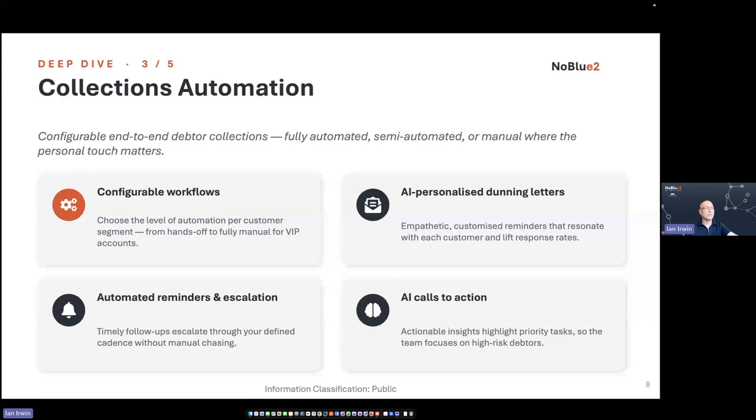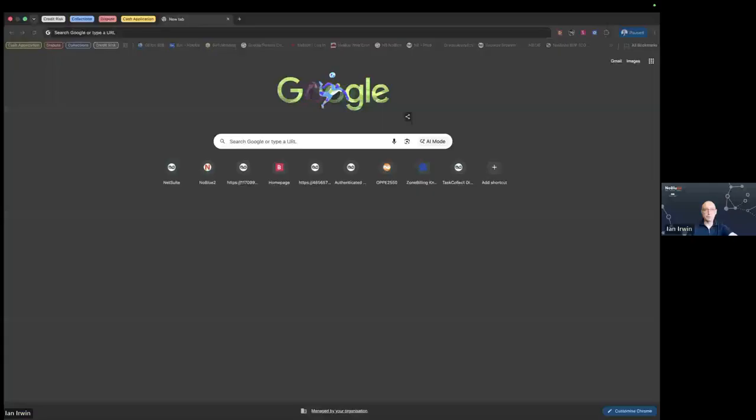So collections become systemically led, and TaskCollect will ask the finance team members for assistance where it wants it. To give you a quick walkthrough of some of these capabilities, we'll jump back into NetSuite.